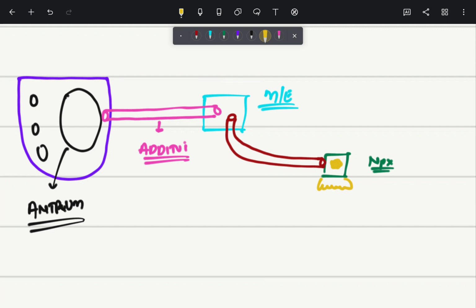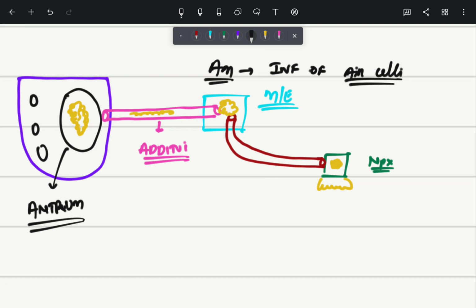From the eustachian tube it will enter the middle ear, and from the middle ear via the adytus it will enter the mastoid, and it will infect the air cells which are present in the mastoid. I already told you acute mastoiditis means infection of air cells in the mastoid. As you can see here, via the adytus the bacteria is entering the air cells and infecting them.